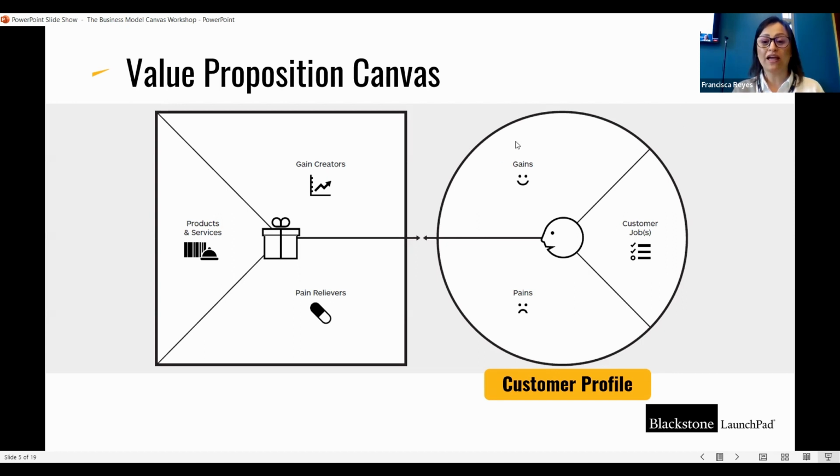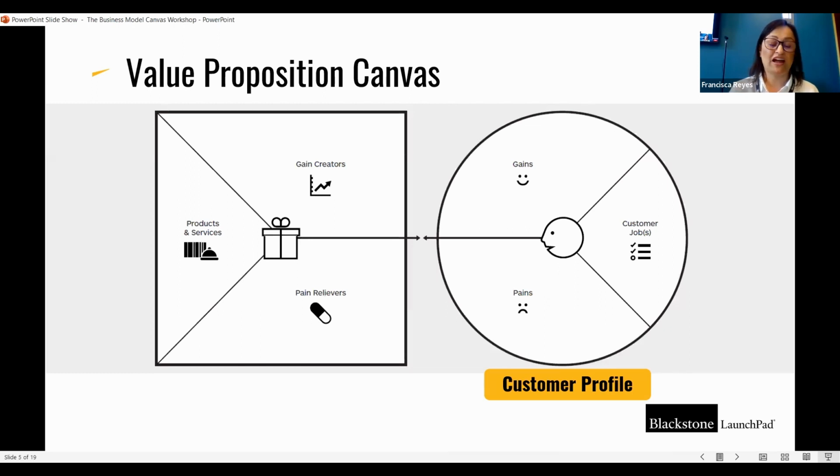On the top, we have the gains. The gains are the things that increase value for this particular person, or that increase the likelihood of adopting, something that a customer sees as a benefit.